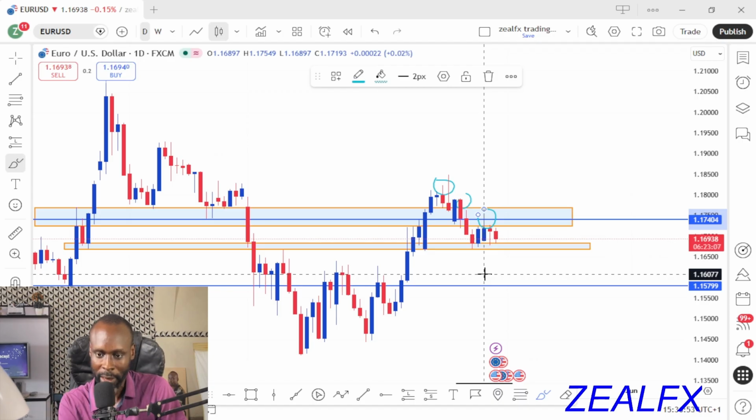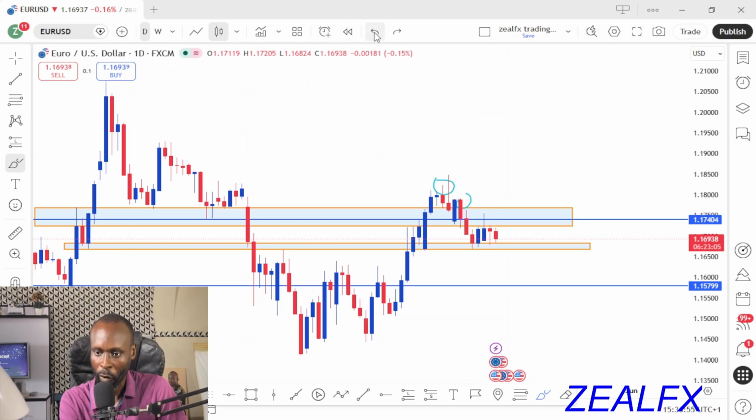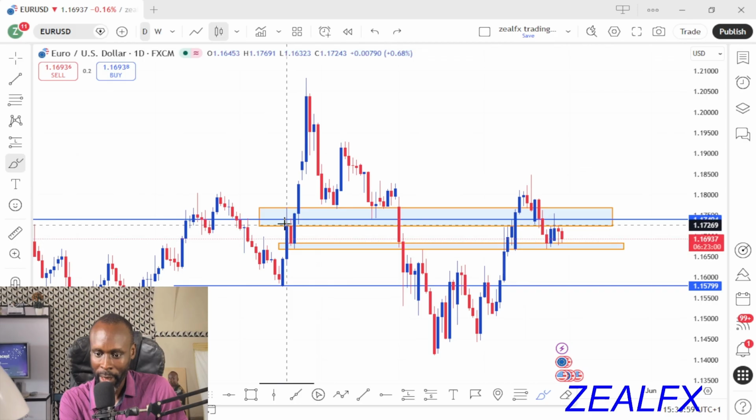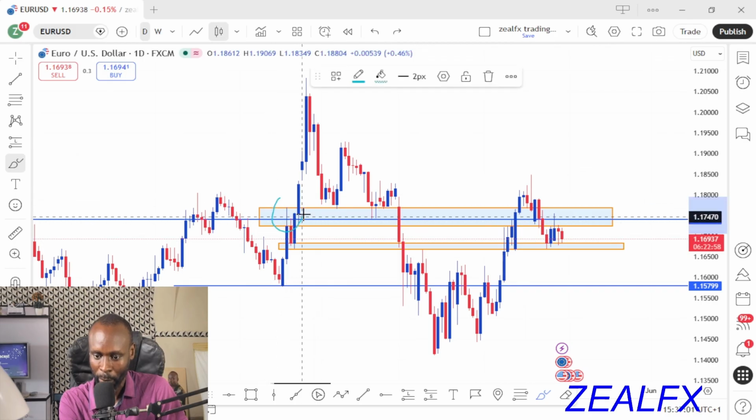So let me break down the level price is reacting from on the daily time frame before we confirm it from the higher time frame. On my daily time frame, you can clearly see that price is currently reacting to this level. This is a strong resistance level and price is still unable to break it.